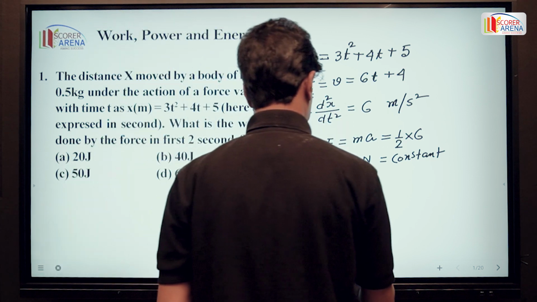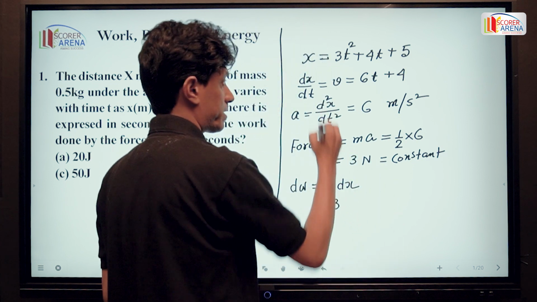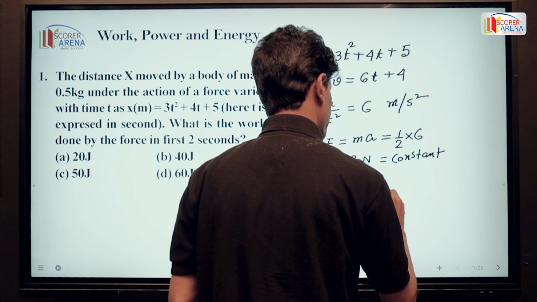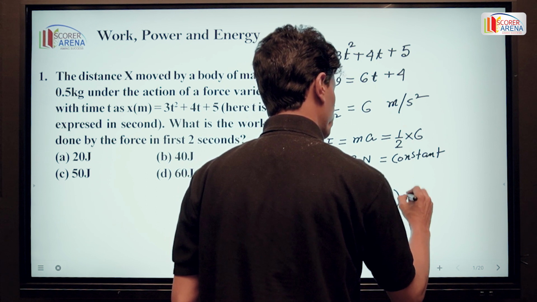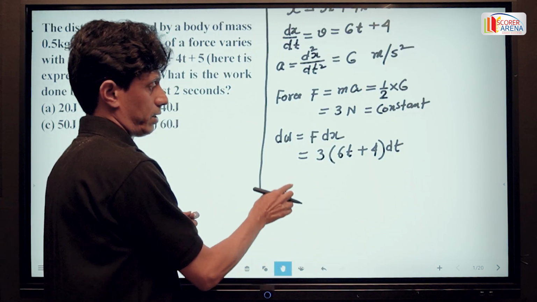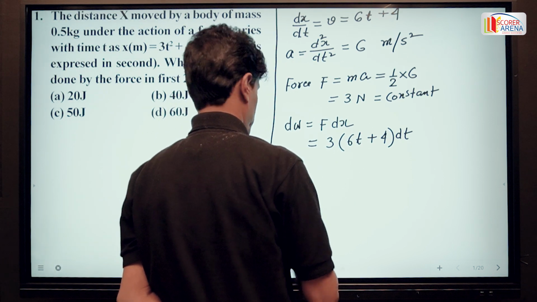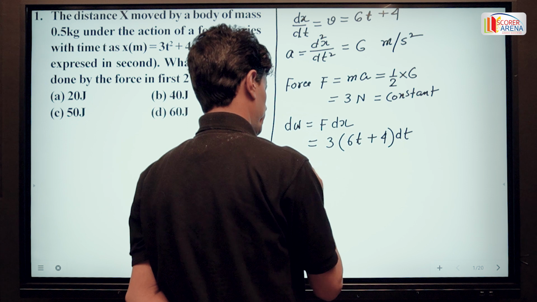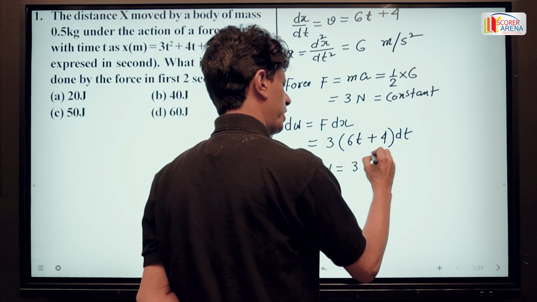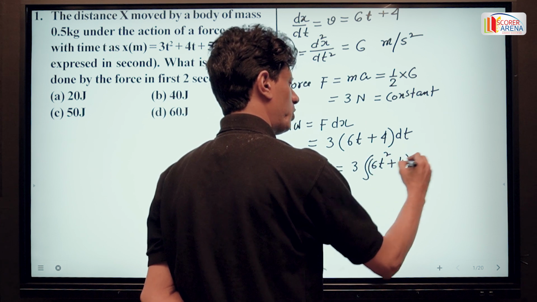So the force is 3 Newton, but the displacement here is (6t + 4) dt. So work done is the integration; this is 3 times the integration of (6t + 4) dt.